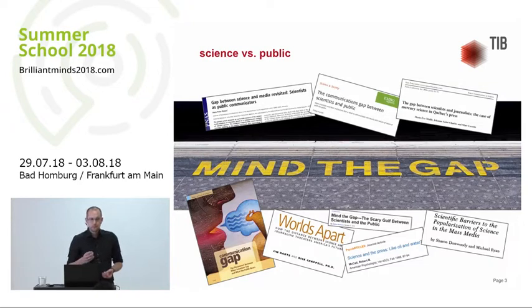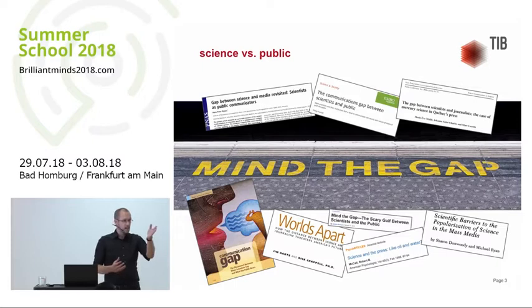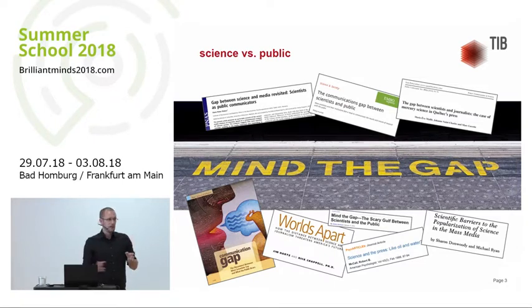And then there's this other arena, which we heard about today, which is more like marketing, where we just go to the public and present our results in a way that, as Philip said, the uneducated public can understand.